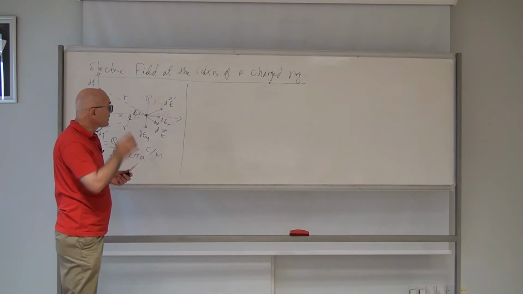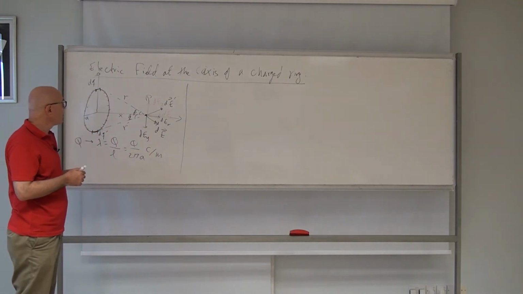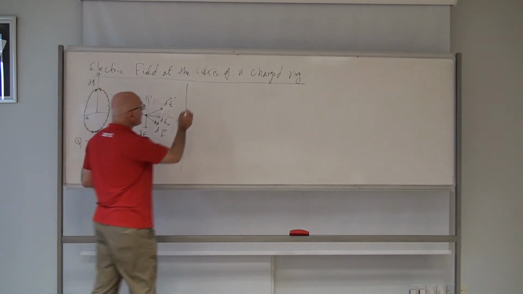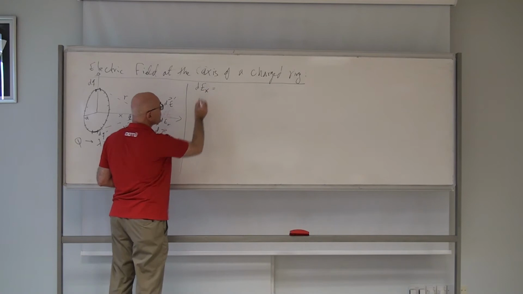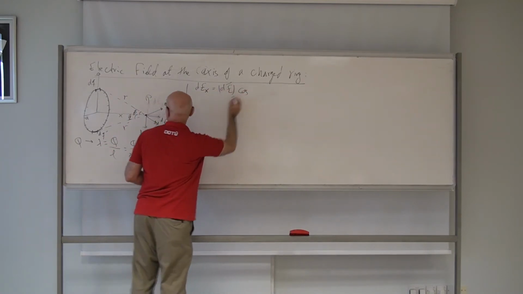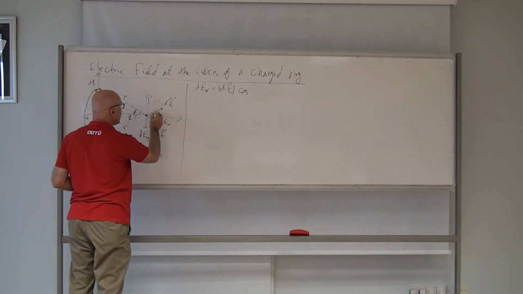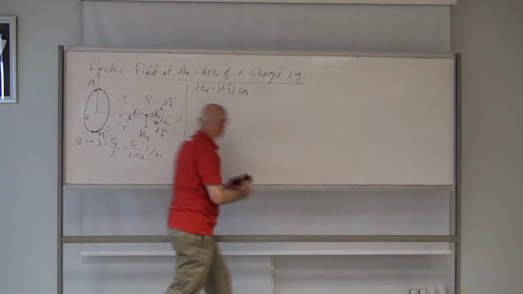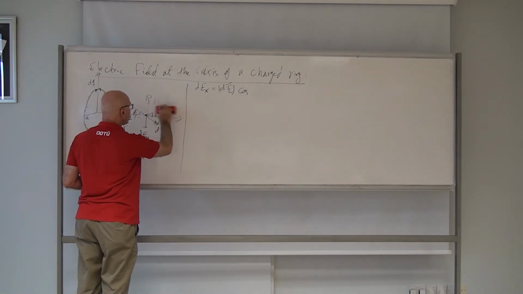You try to analyze. And as we have done before, I write the expression for the quantity that I want to find, which is dEx, which is dE cosine phi, because this is phi, and this is also phi. Let me remove these components because I don't need them anymore, the prime components.